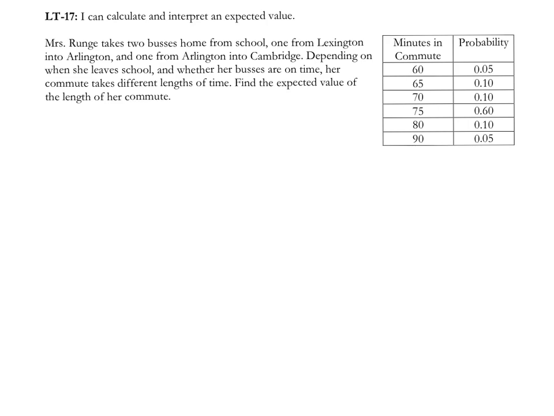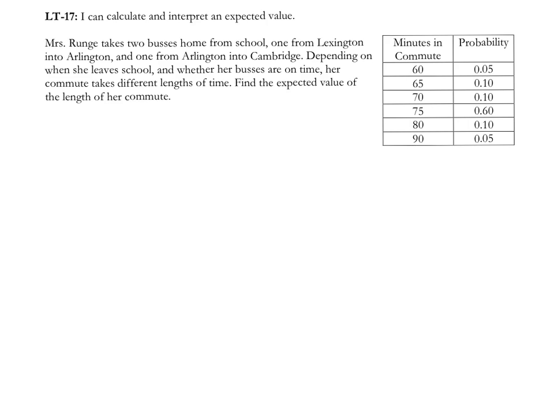So here's how you calculate an expected value. To calculate an expected value, you need all the different possible outcomes as well as the probability of getting those outcomes. So these are the different possible lengths of my commutes, and this is the probability that my commute takes that length of time on any given day.